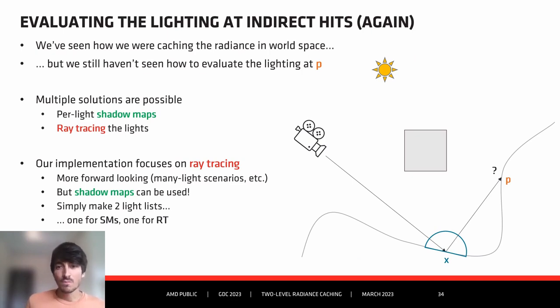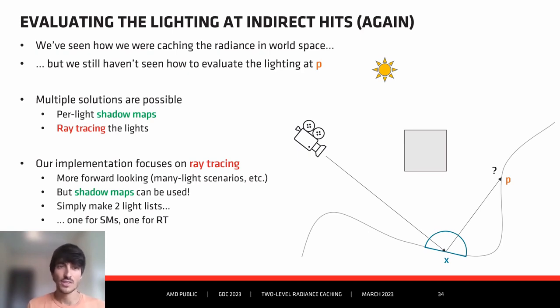All right, so what I've described in the previous section really is mostly how to cache the radiance in world space. It's still not really how do we evaluate the lighting at P, how do we connect the point P to the light source, and so that's what we finish with. Multiple solutions are possible here. You can use shadow mapping or you can use ray trace shadows.